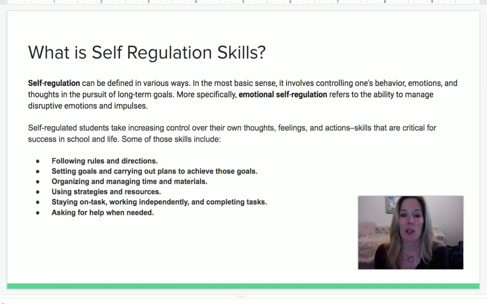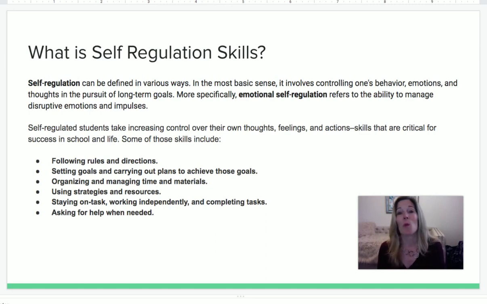And it's also about making someone aware when it's happening so that they can control it in themselves. And then when students are self-regulated and they have good skills, they take increasing control over their own thoughts, their feelings, their actions, skills that are critical for success in school and life.